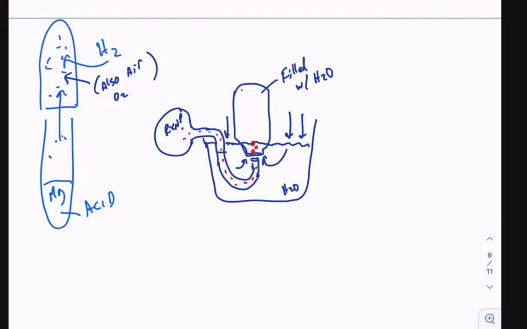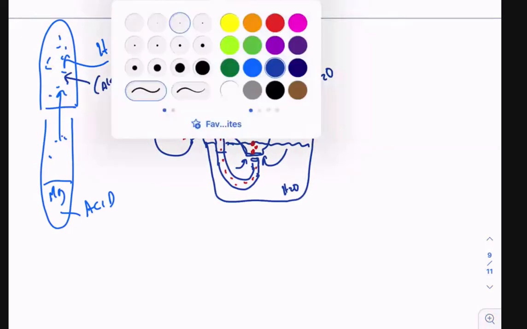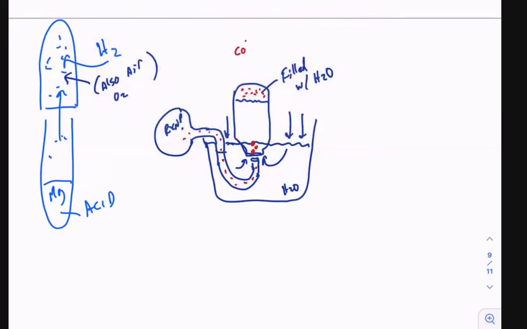And as it collects, there's now gas pressure in the bottle. The collected gas, of course, exerts pressure. And that pressure pushes the water down out of the bottle.